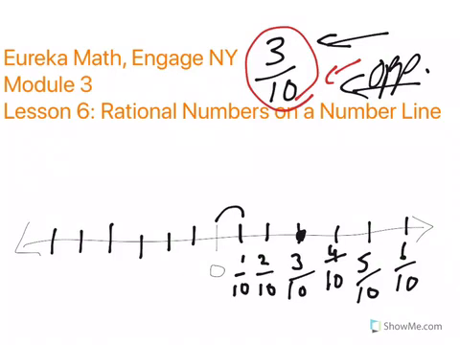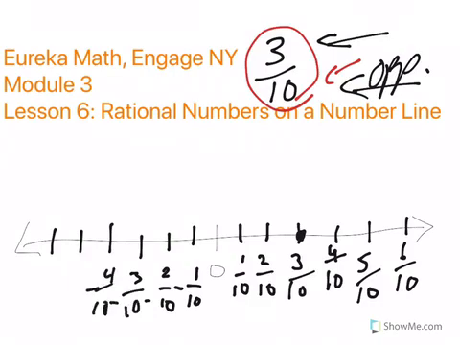If this is 1/10 away from 0, how far is this if it's the same distance? It's also 1/10 away from 0. Difference is, it's negative. Whoops, it's not a very good negative sign. It's negative 1/10. We end up with, here we have negative 2/10. Here we have negative 3/10, negative 4/10, negative 5/10, and negative 6/10.